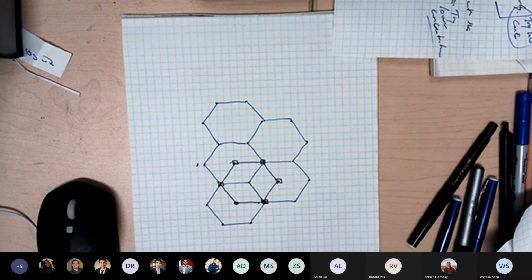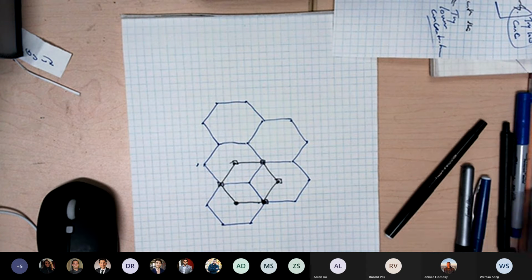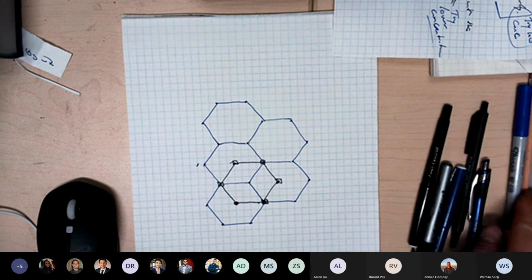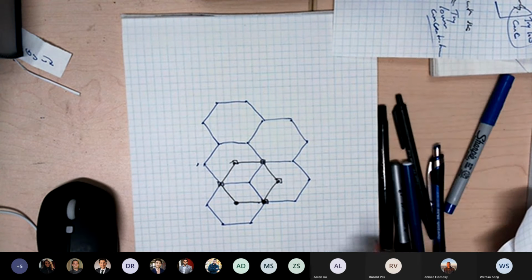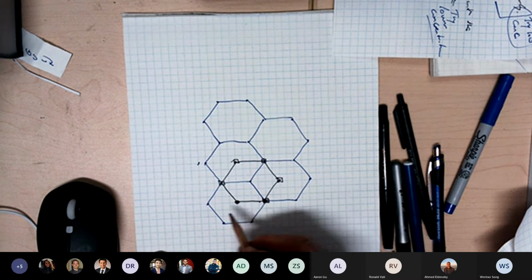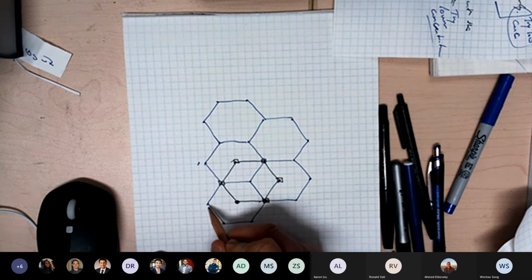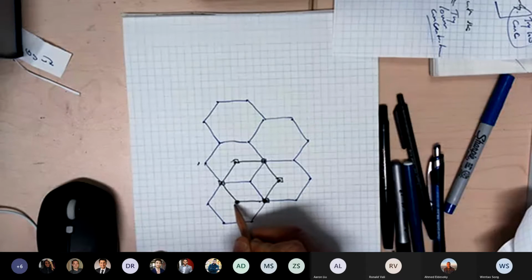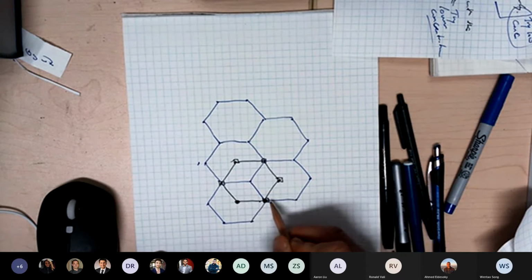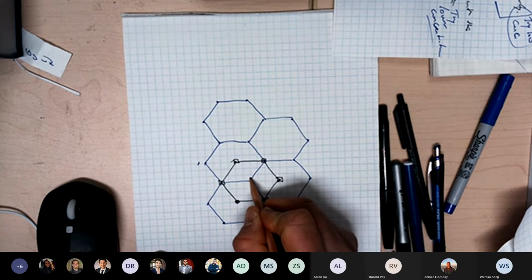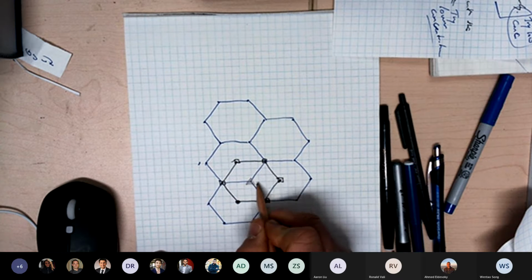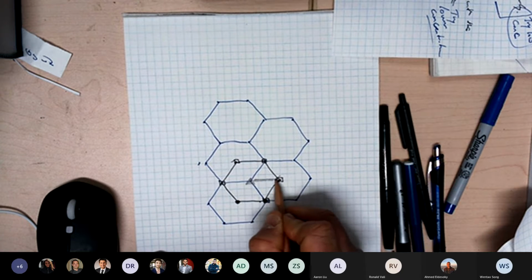Now I could have picked the position differently, and for some reason I can't find my red pen. So I'll try using a pencil. I could have picked this position instead. Yeah, I want to pick this position. So take a triangle there, like that. And then I would be like this. Can you see the pencil, by the way?